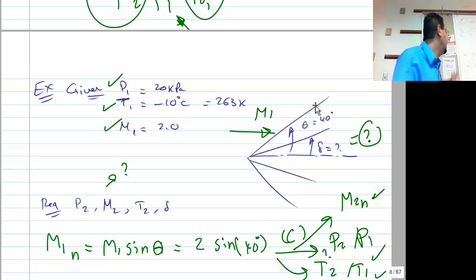And once you have M1 normal, that's your key to using that normal shock table. So obviously, people who don't know how to use a normal shock table will never be able to solve an oblique shock wave problem. Because that's the first step, to get M1 normal, then use a normal shock table. So you have to be very comfortable solving a normal shock to start with, right? And you need your theta to be able to use that table for an oblique shock.